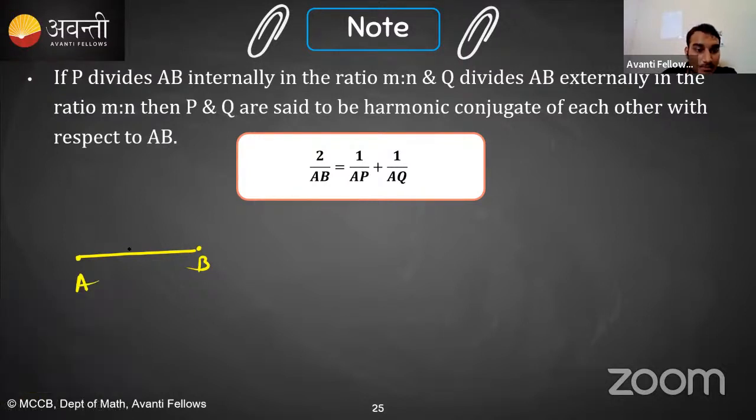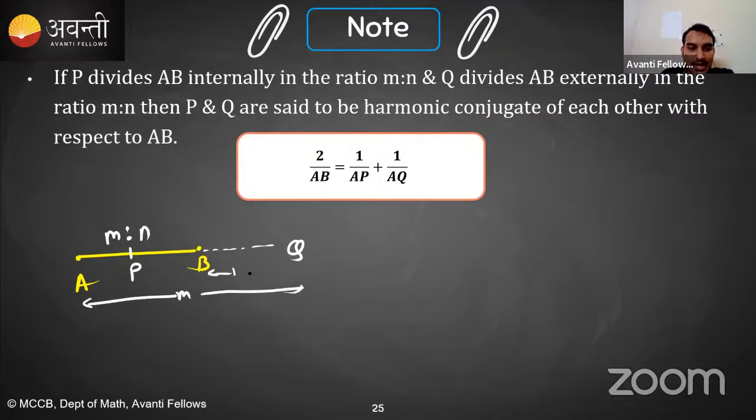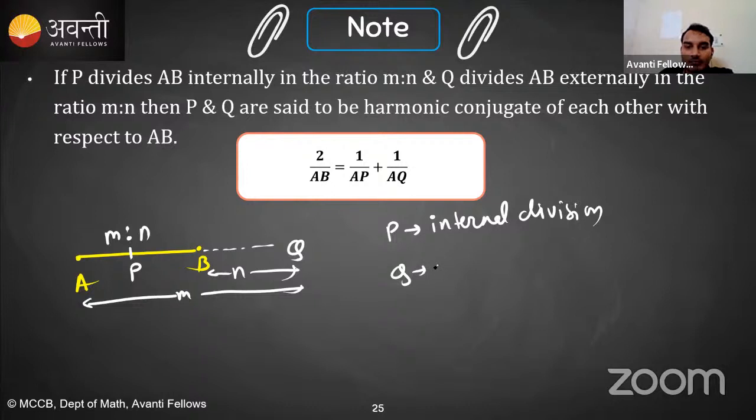If point P is dividing your line segment internally in the ratio m:n, and similarly if point Q is dividing your line segment AB in the ratio m:n externally, clear? So P is internal division, and point Q is external division.